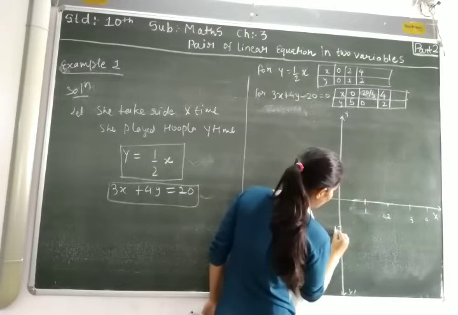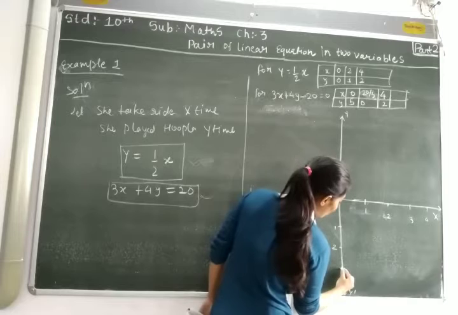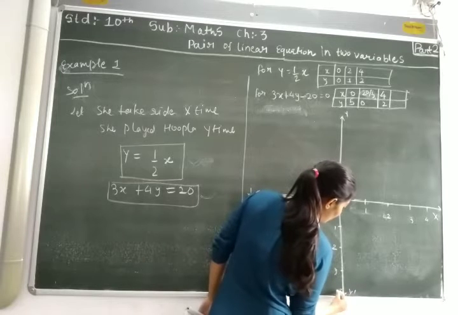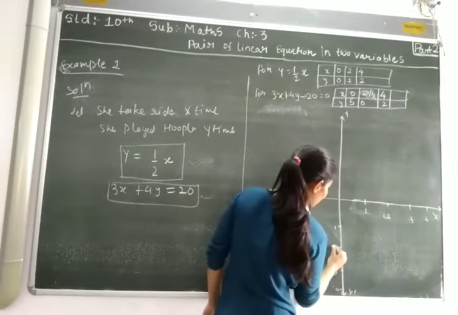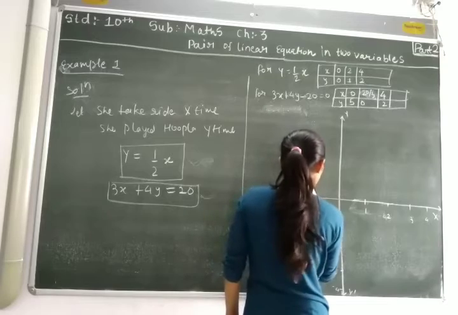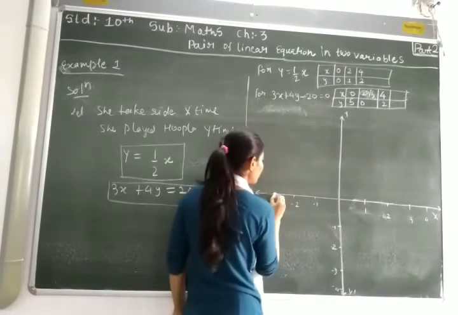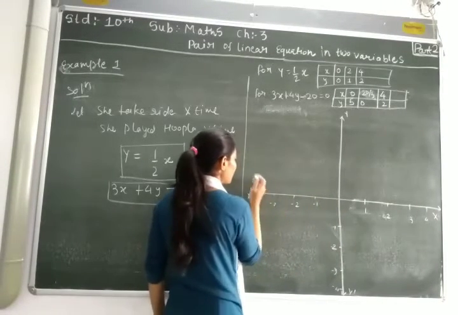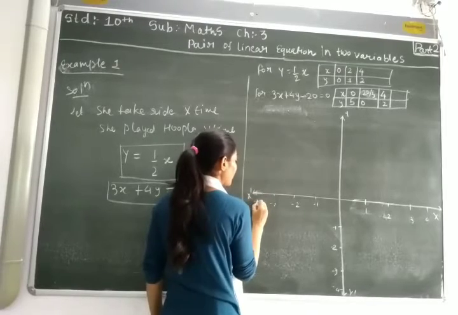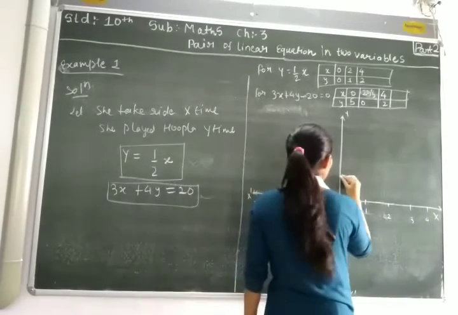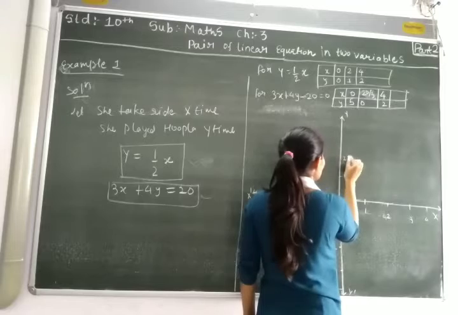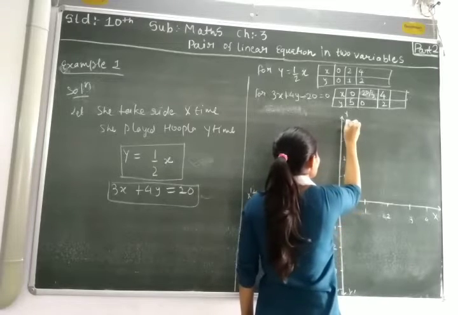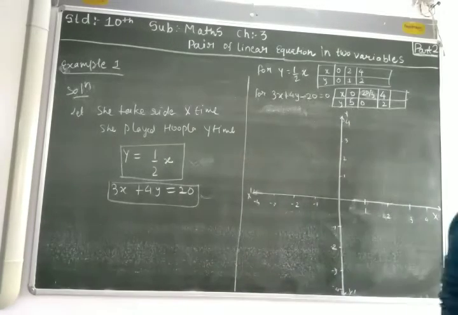So 1, 2, 3, 4. All are minus: minus 1, minus 2, minus 3, minus 4. And 1, 2, 3, and 4.